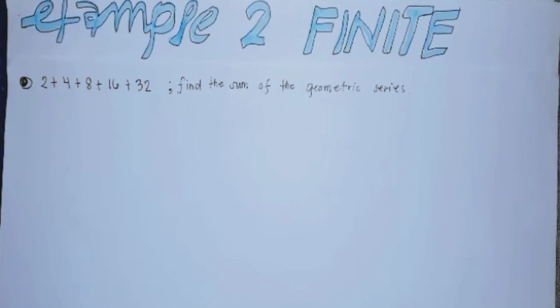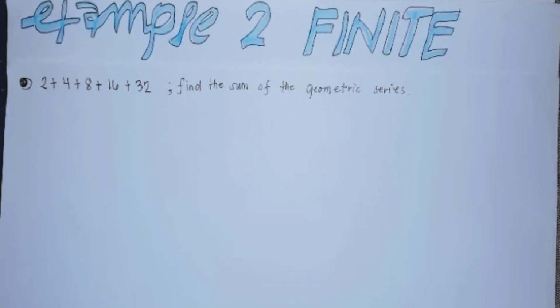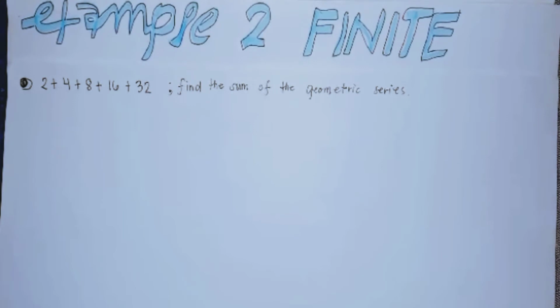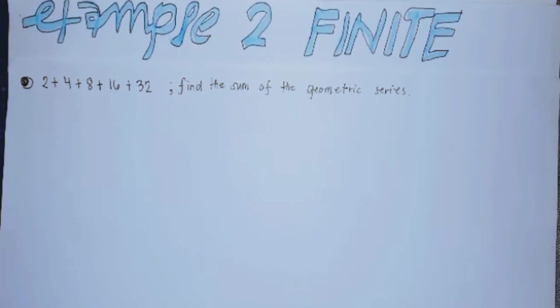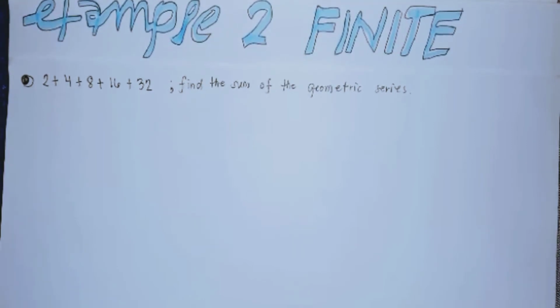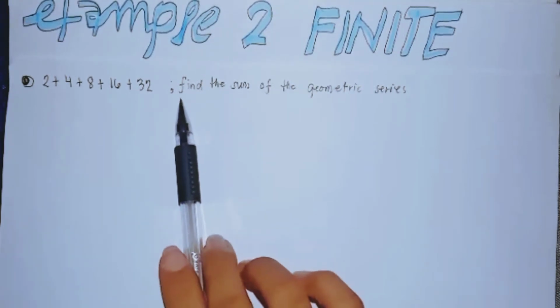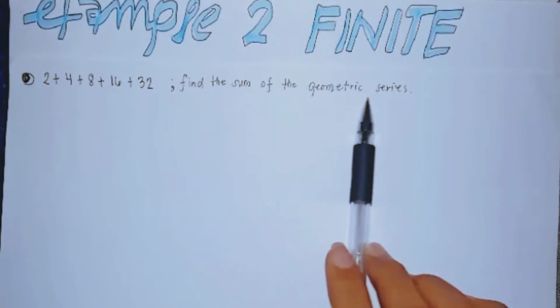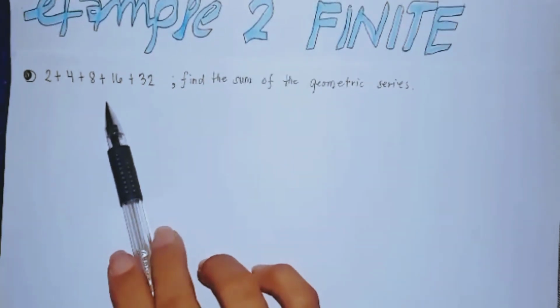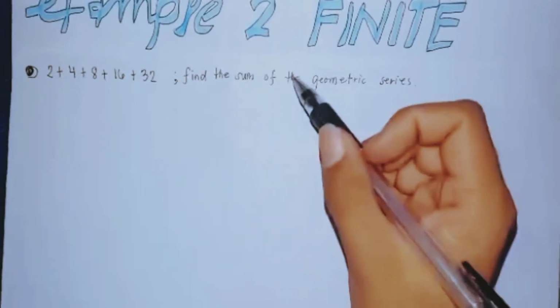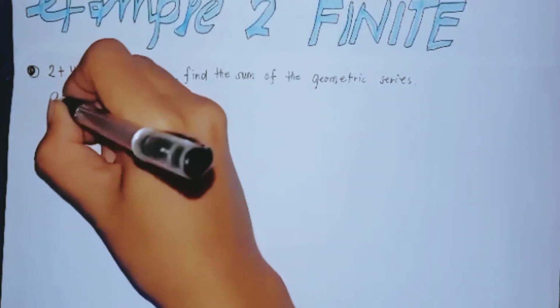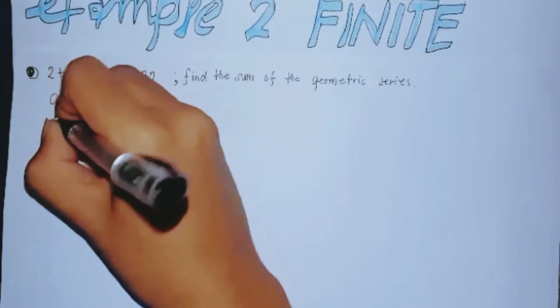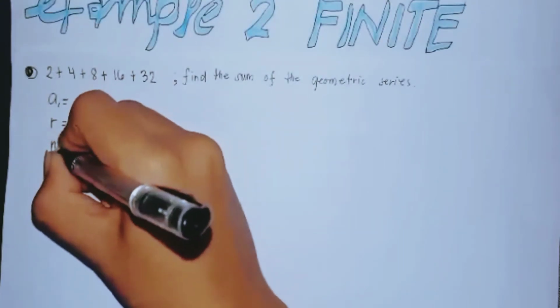Okay, let's have the second example for finite geometric series. So, we have this series here, 2 plus 4 plus 8 plus 16 plus 32. And then our task is to find the sum of this geometric series. So first, let's find out the values of A1, r, and n.